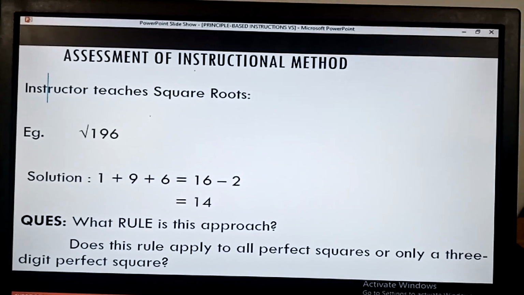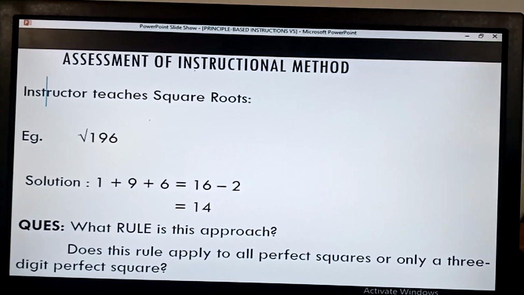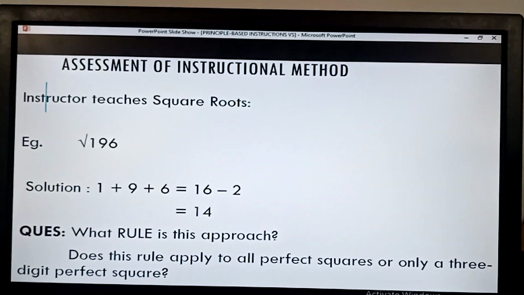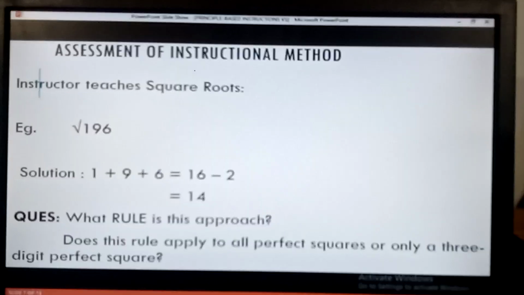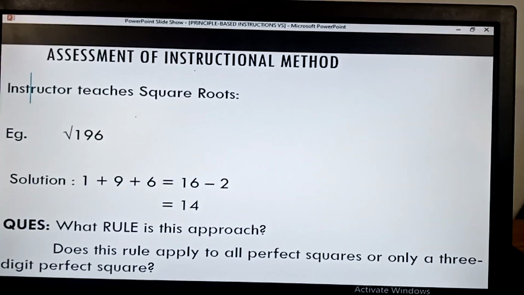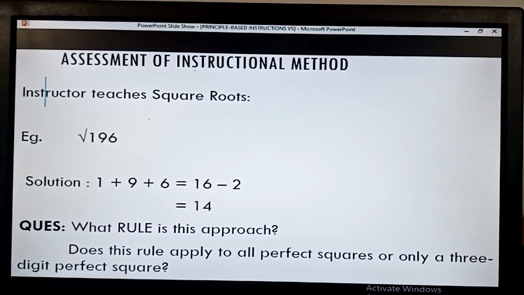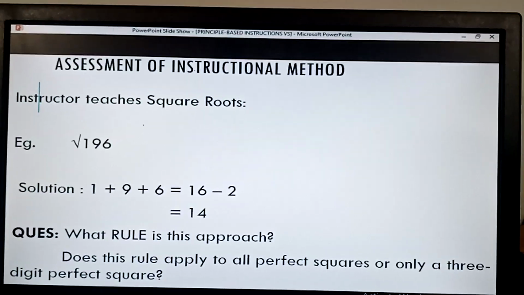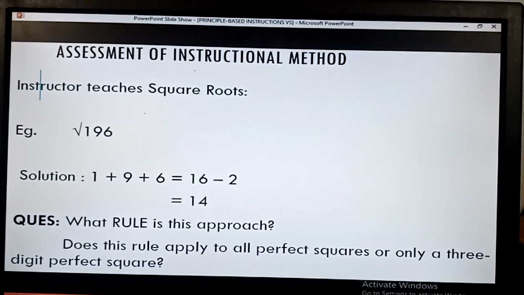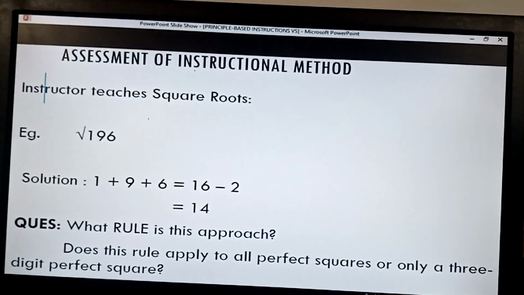I have not seen the students to know what level of education, but based on their voices, they look like basic school, somewhere from P2 or P3 or P4. And the teacher has started introducing square roots at that basic level.